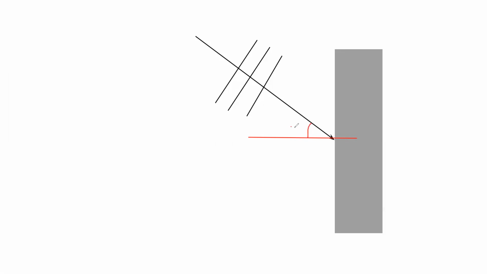So if this angle was 30 degrees, the light would strike and bounce back at the same angle. So the angle of reflection will also be 30 degrees. The normal you have to draw. The only things which will be given to you are the wavefronts and the reflecting surface.